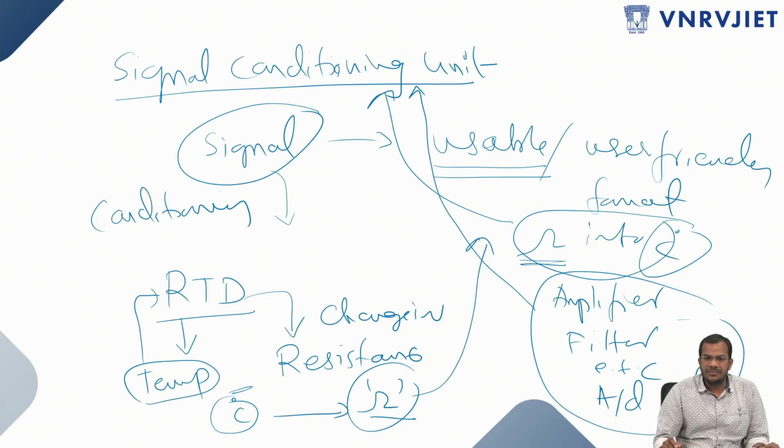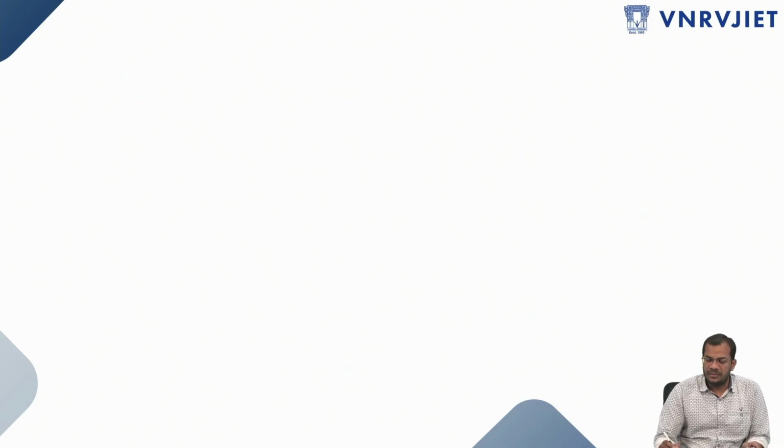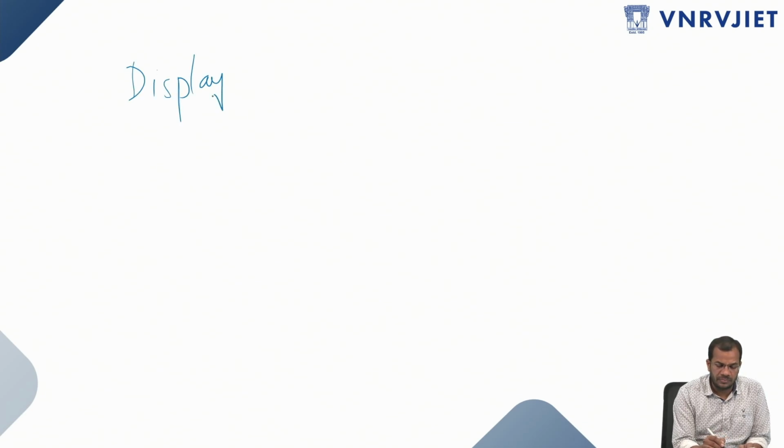So this Celsius, whatever you are getting here, is sent for the display, which is the fourth block of the system.